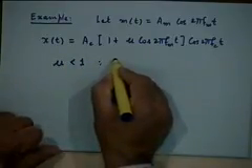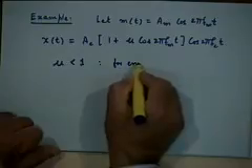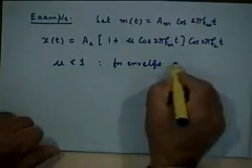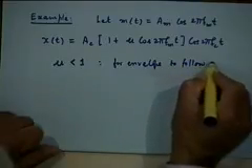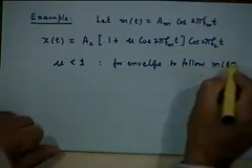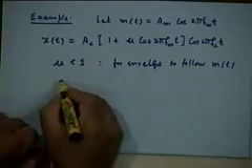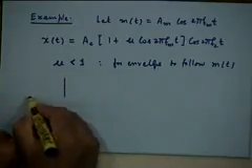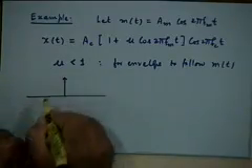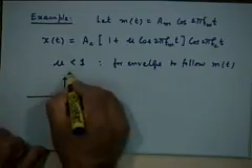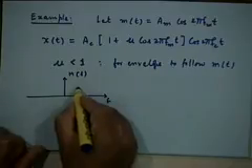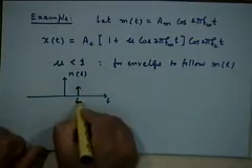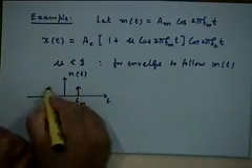So for the envelope to follow m of t, here is this. What do these two signals look like in the frequency domain? What is the message spectrum like? Impulses at f sub m and minus f sub m.